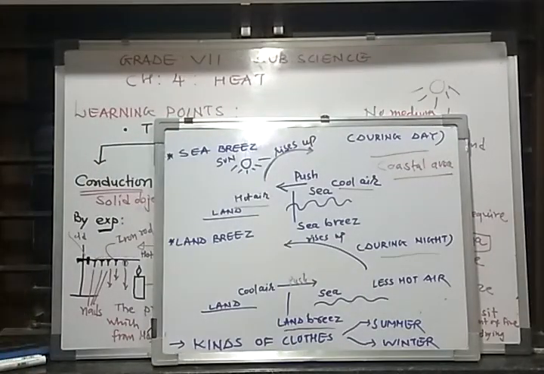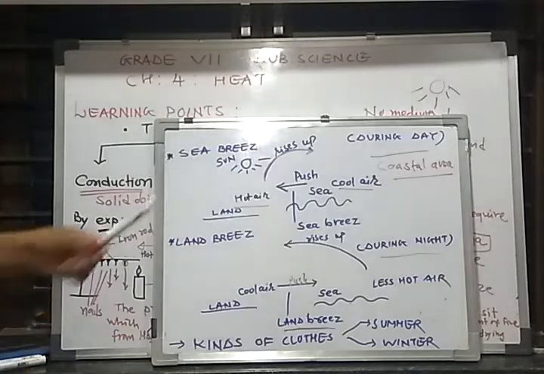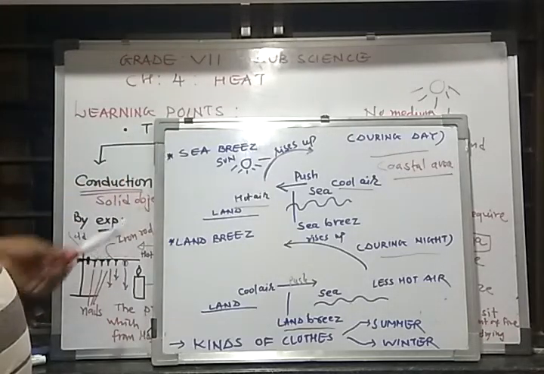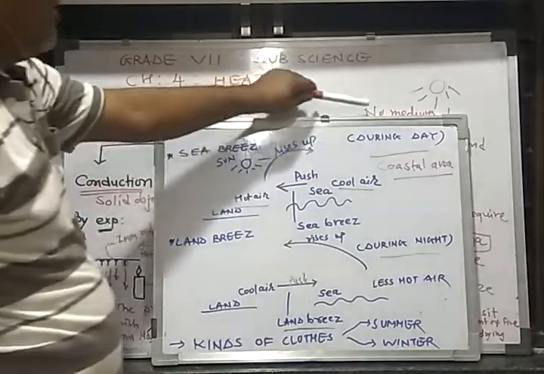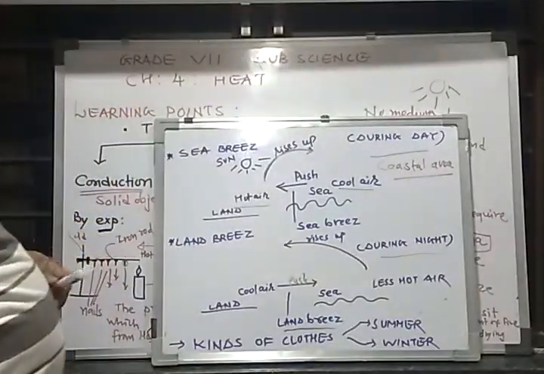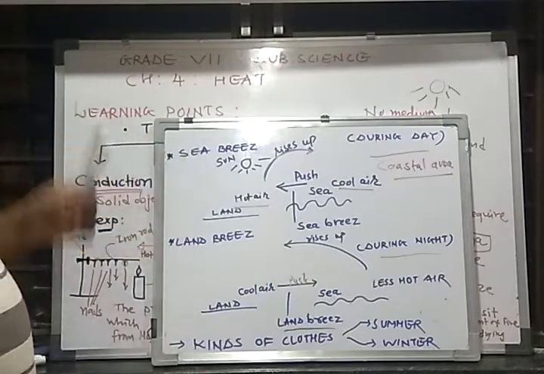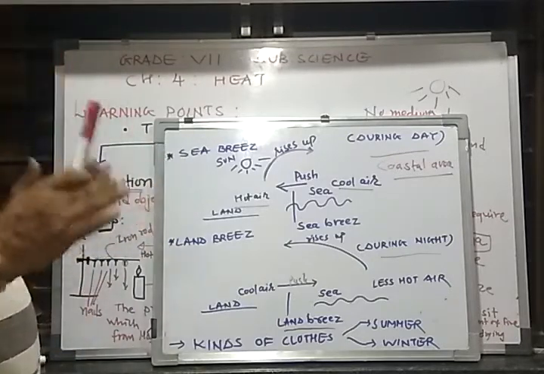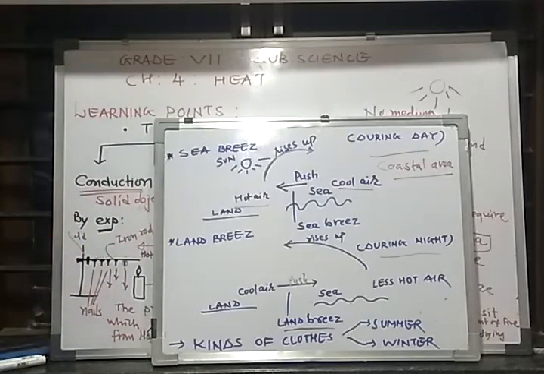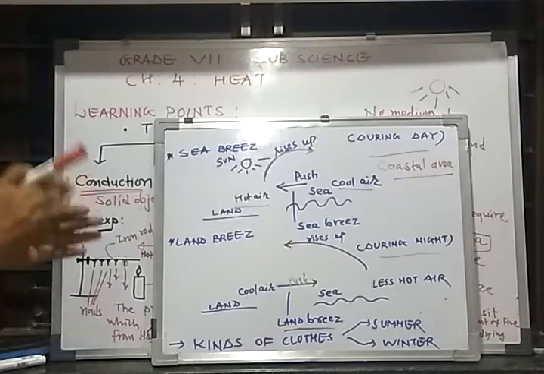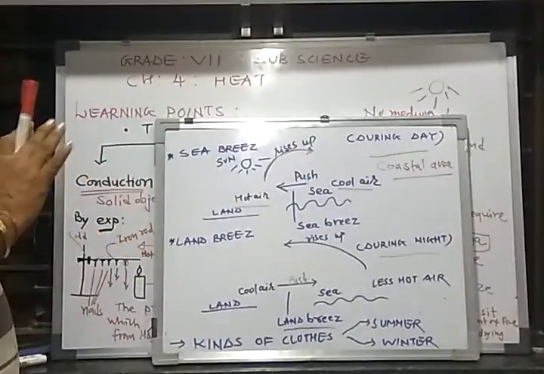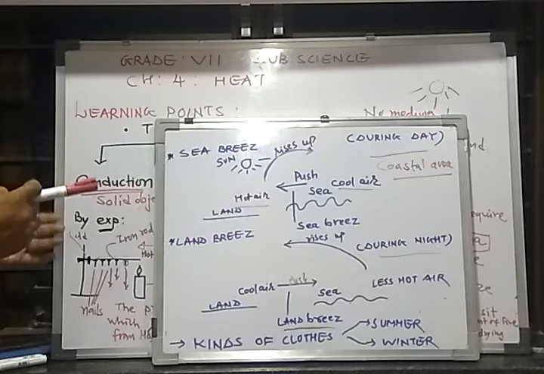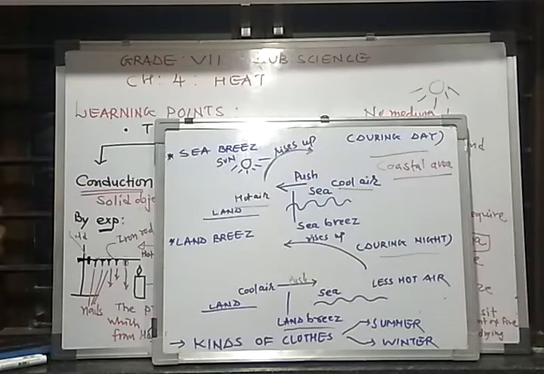So students, you can understand this phenomenon where a medium is not required, right? No medium is required. It is the best example for radiation. Another best example for radiation is that in the winter season, people sit in front of a fire. Why? There, no medium is there. People sit separately from the fire.